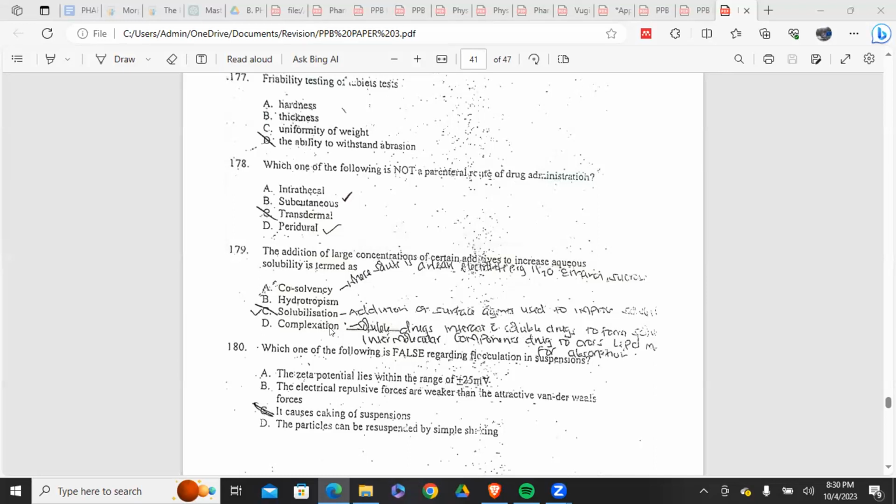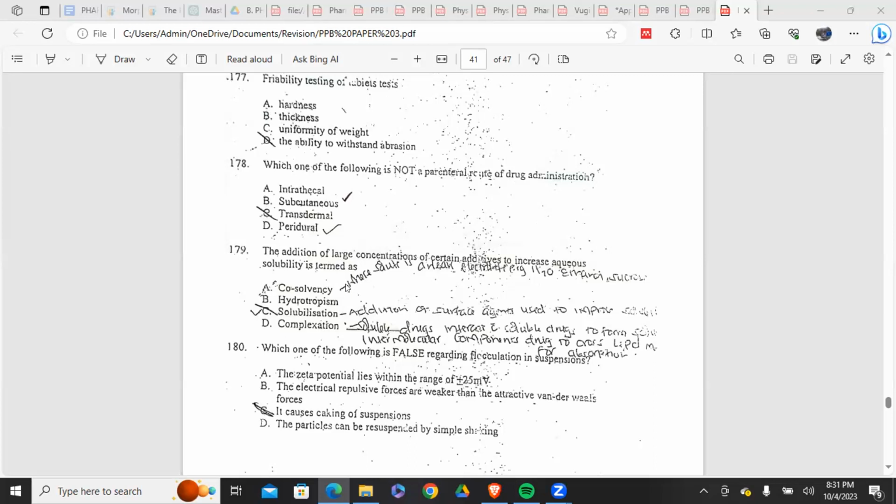Searching solubilization. Okay, wamesema solubilization is the increase in solubility of a poorly water soluble substance with surface active agents. Not complexation. Inakaa tu solubilization.